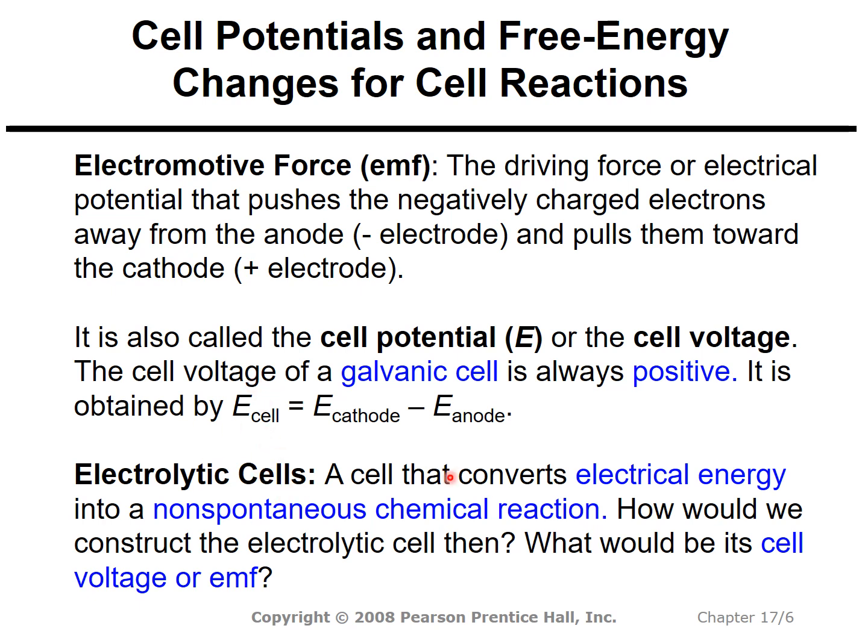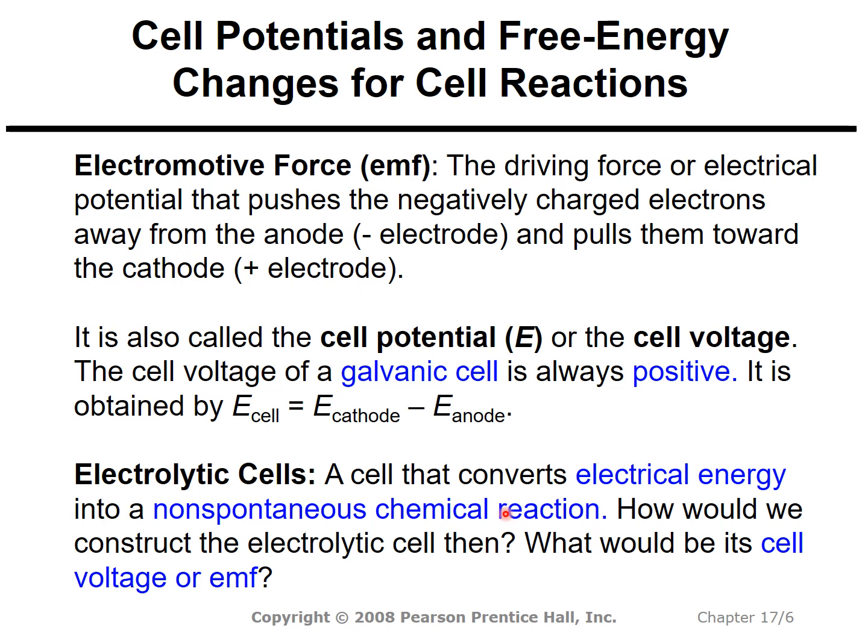Electrolytic cells: a cell that converts electrical energy into a non-spontaneous chemical reaction. So, you know, we have the second definition of electrochemistry, which is related to these electrolytic cells. No, the first definition of electrochemistry, introduced in chapter 1a, is related to electrolytic cells.